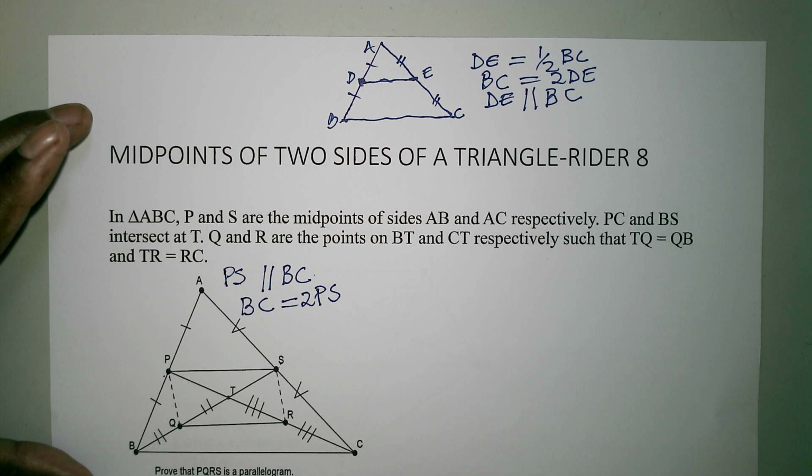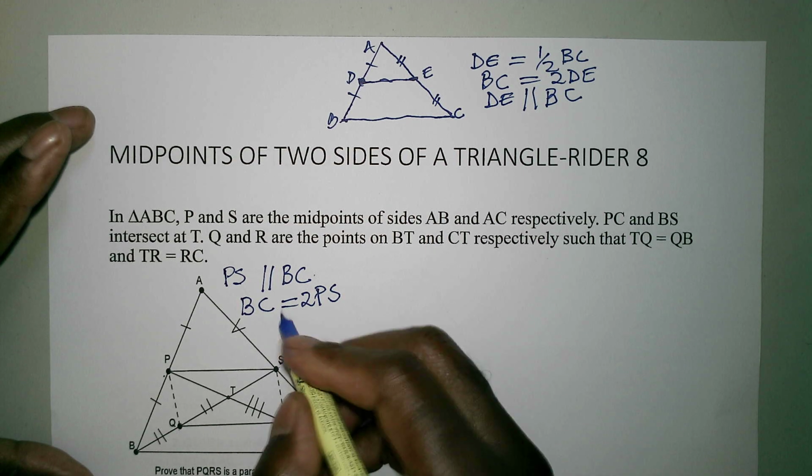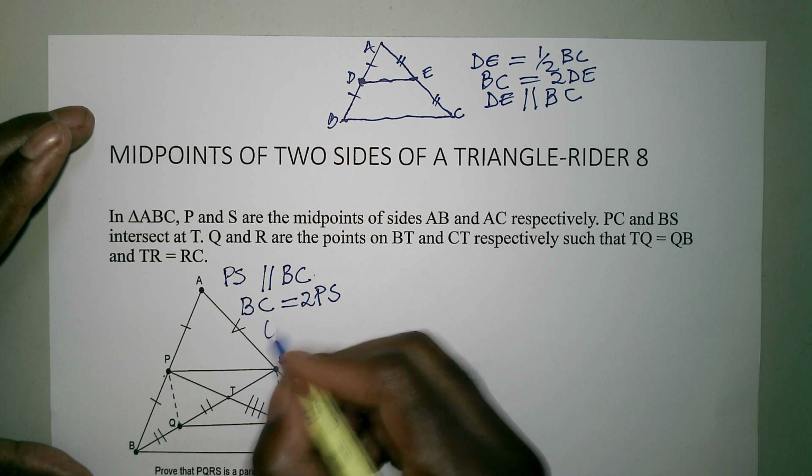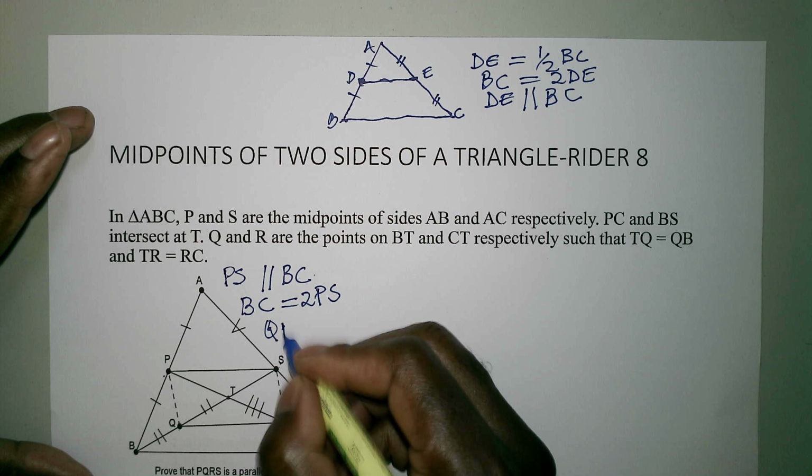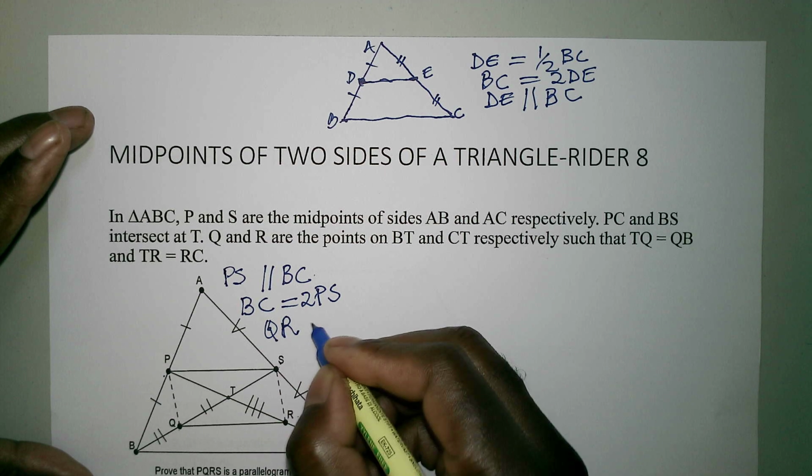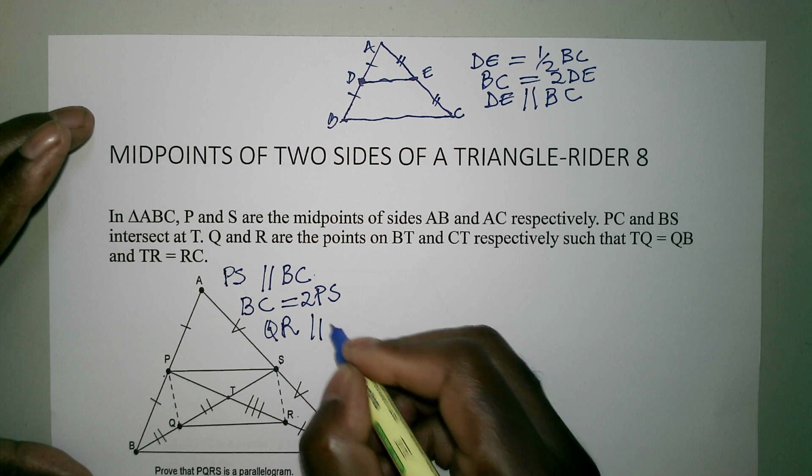And let's go on. We concentrate on this triangle. We've got a midpoint there. Therefore, QT is equal to QB, TR is equal to RC. Therefore, if we join these midpoints, QR will be parallel to BC.